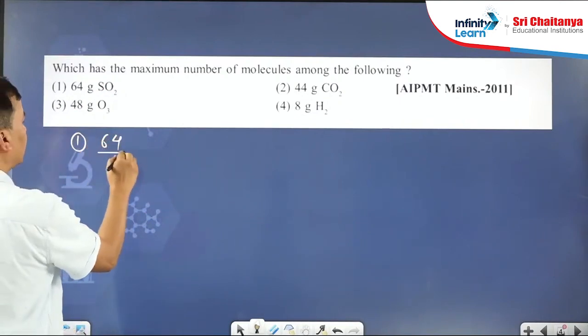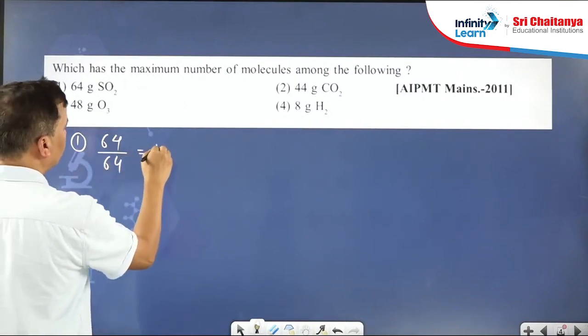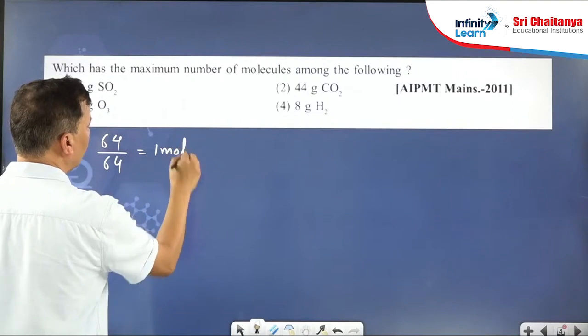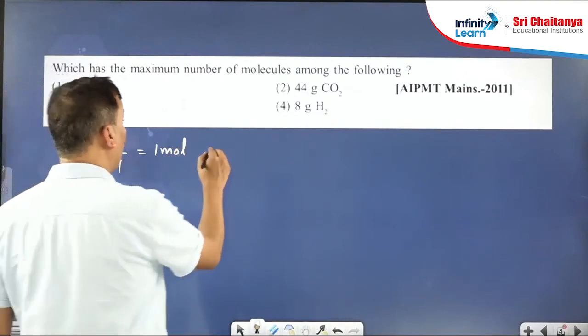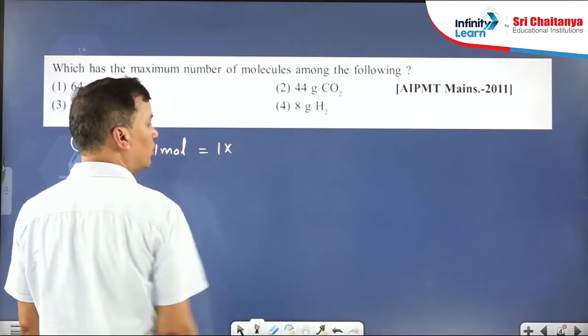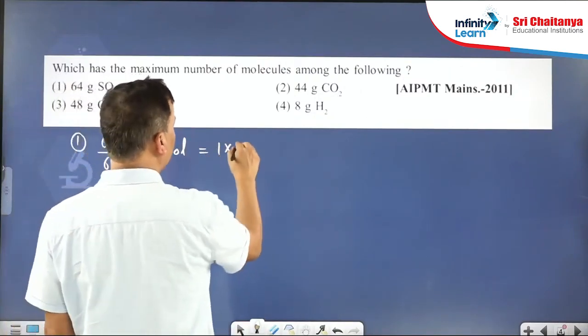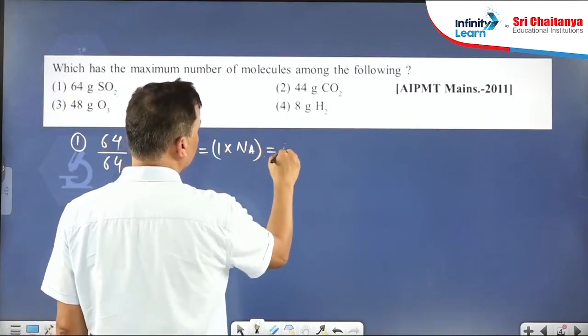What is the molecular mass of SO2? That is 64. How many moles is this? That is equal to 1 mole. If you convert into the number of molecules, that is 1 into 6.022 into 10 raised to power 23. I am writing NA. So how many molecules are there?